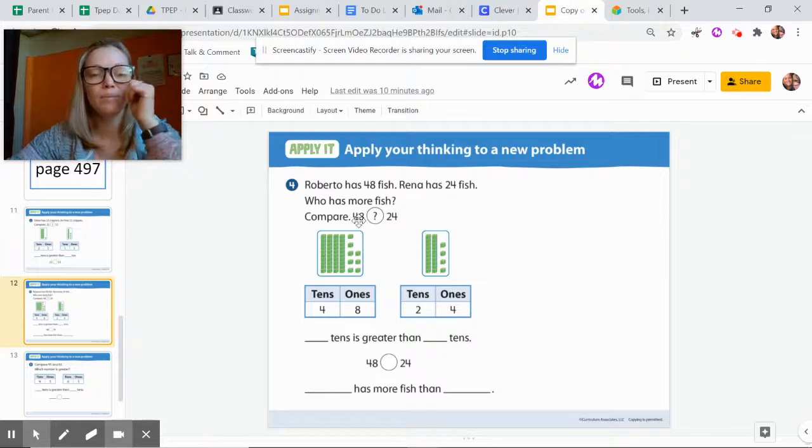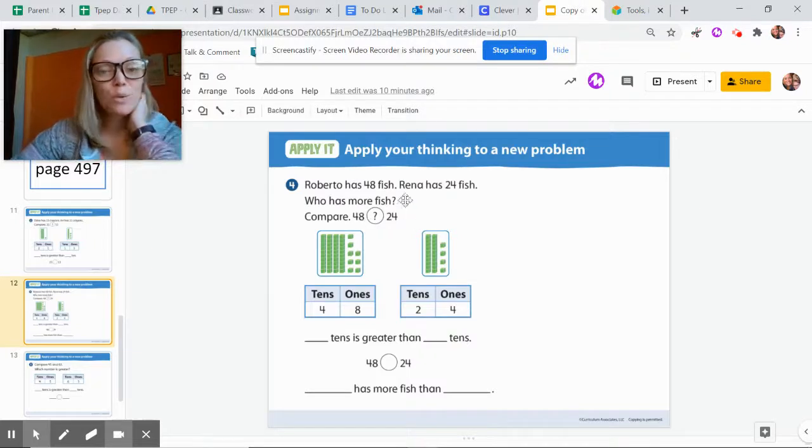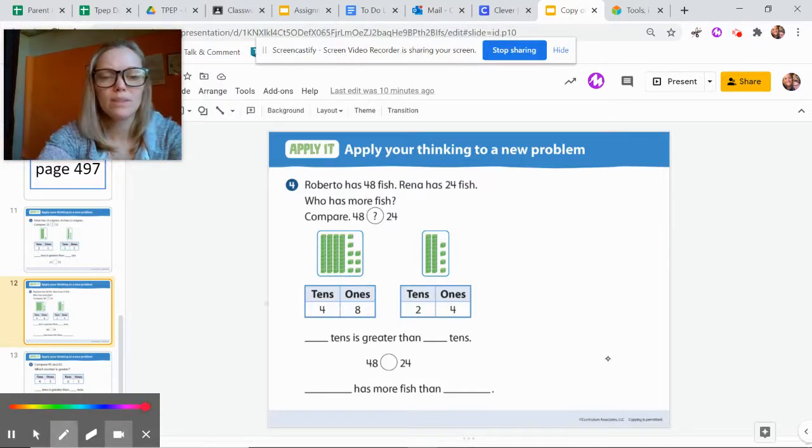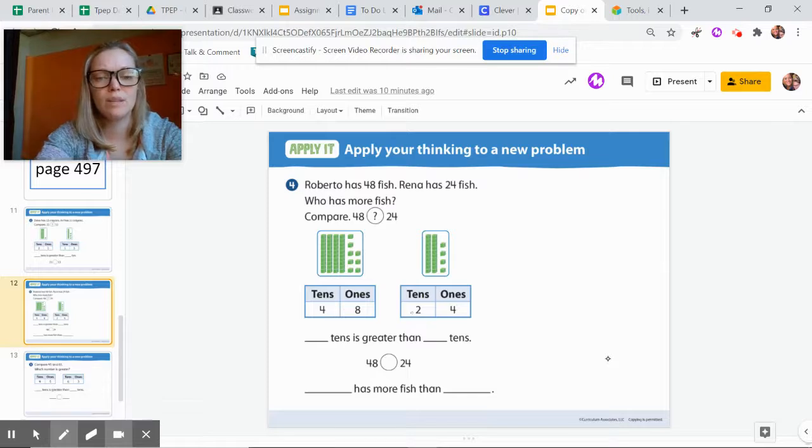Number 4, Roberto has 48 fish. Reina has 24 fish. Who has more fish? We're going to compare 48 and 24. So they filled in the tens and the ones in 48, tens and ones in 24.